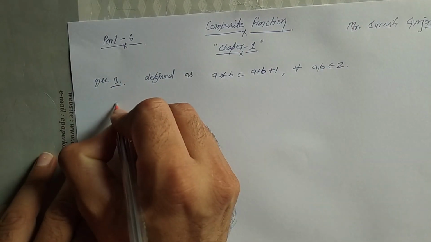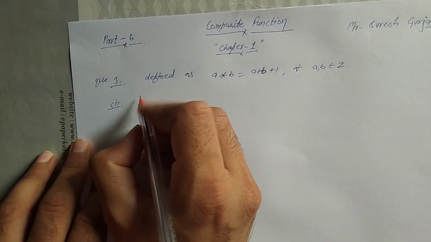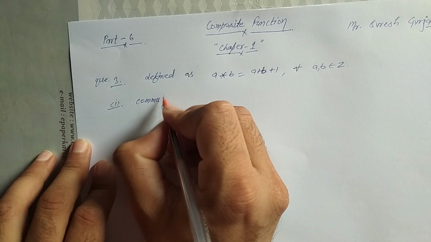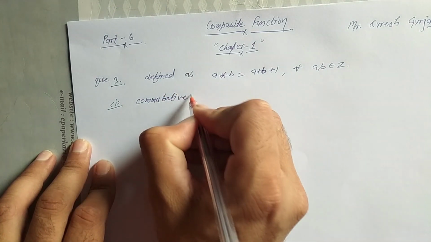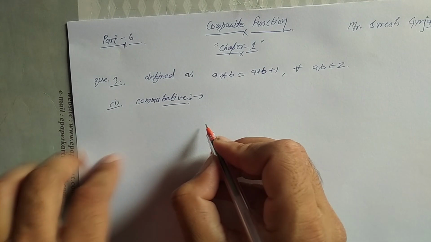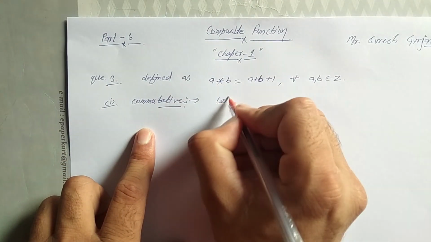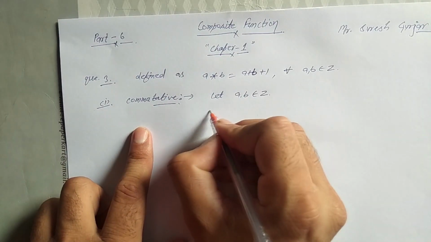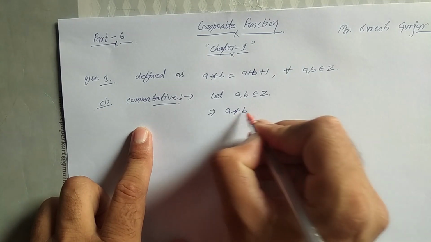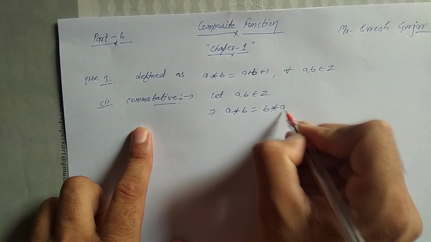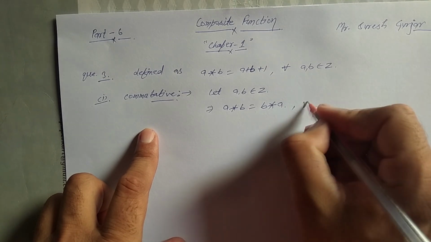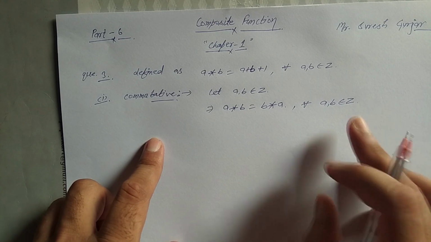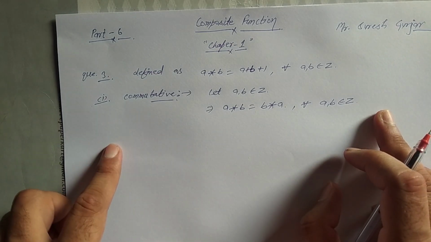First, commutativity. Definition of commutativity: let A, B belong to Z, implies A star B is equal to B star A for all A, B belongs to Z. Z means integer numbers.